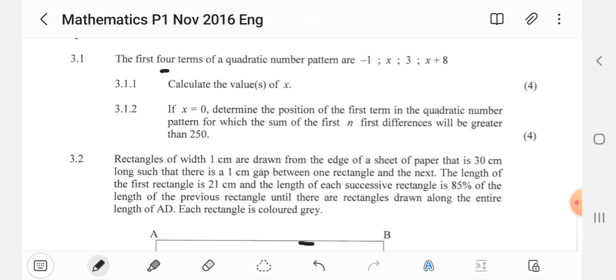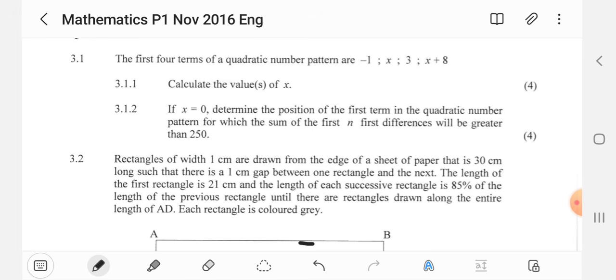So here in this quadratic, if x is 0, you have to determine the position of the first term in the quadratic number pattern for which the sum of the first n first differences will be greater than 250.